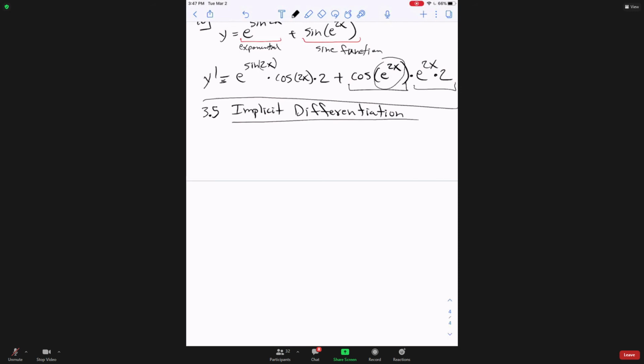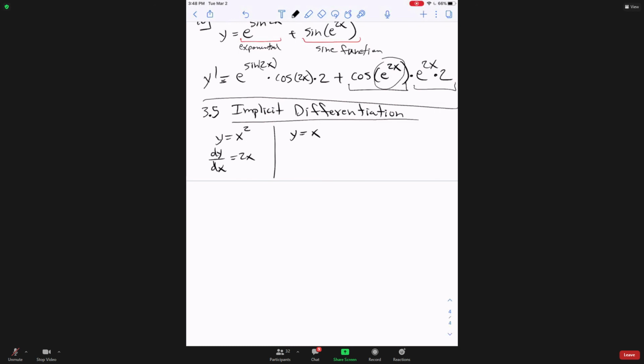All right. So implicit differentiation. So far in this class, whenever you've done derivatives, we've been taking the derivative explicitly. For example, y equals x squared. The derivative is 2x, namely dy over dx equals 2x. Let me try again here. If you have y equals x, the key here is we're taking the derivative with respect to x.